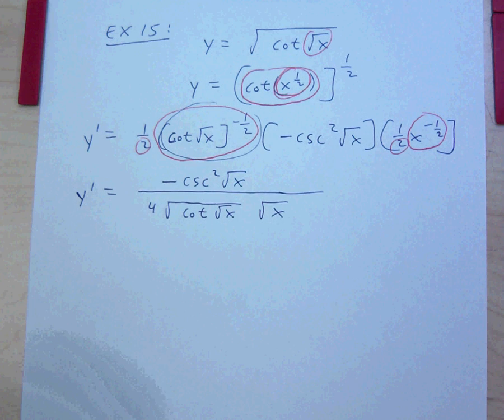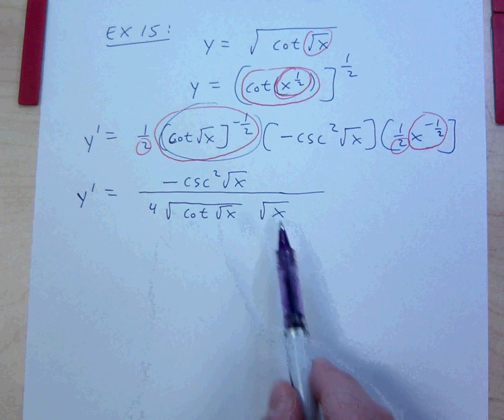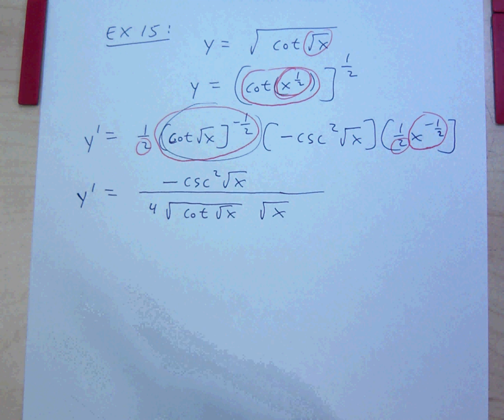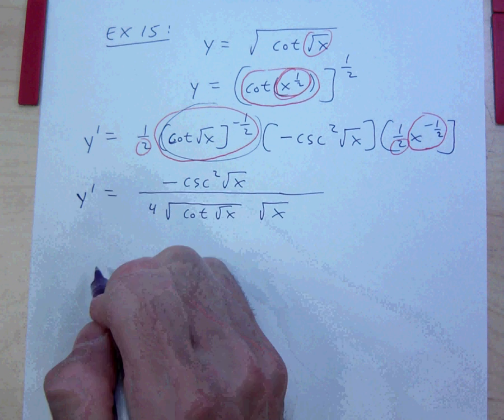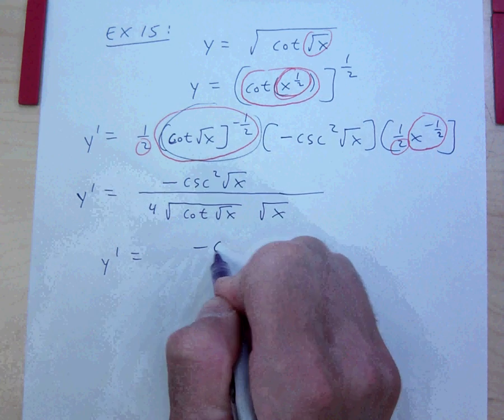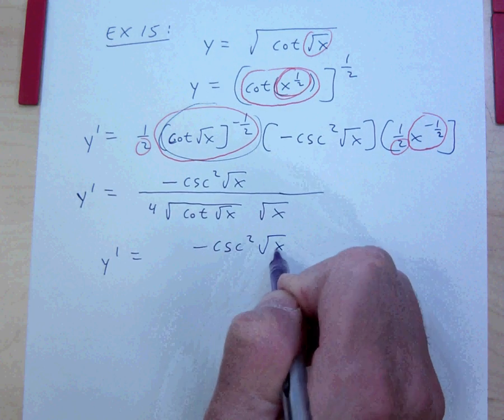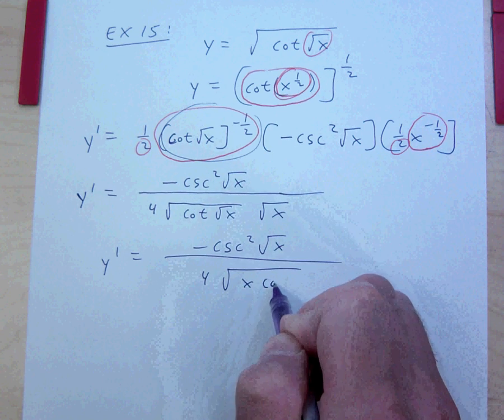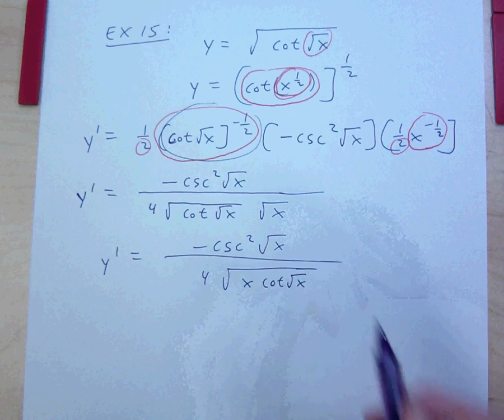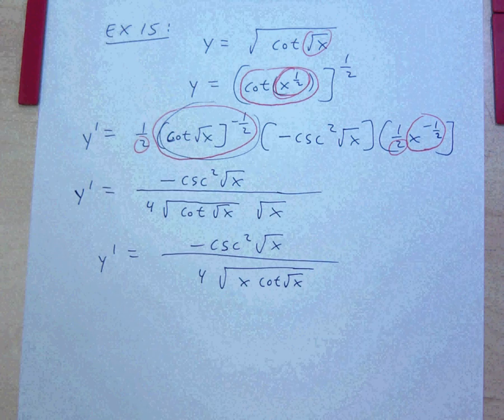And yeah, if you did combine the square roots, which you don't need to, it would actually look like this. So if you did combine those square roots in the denominator, it would be that, wouldn't it?